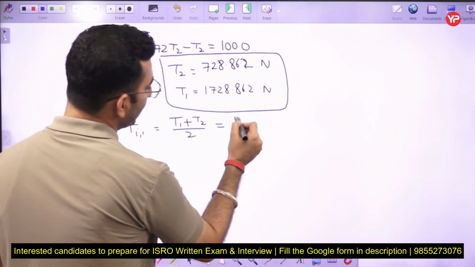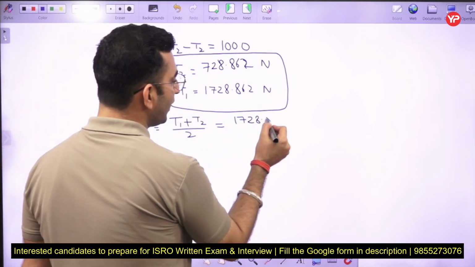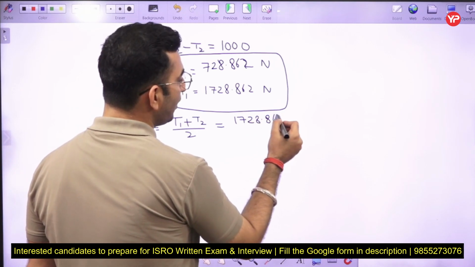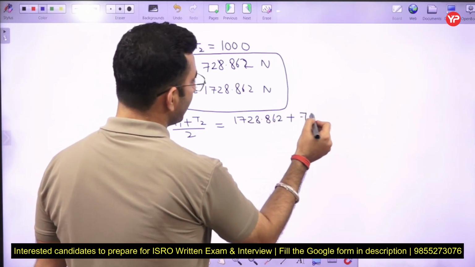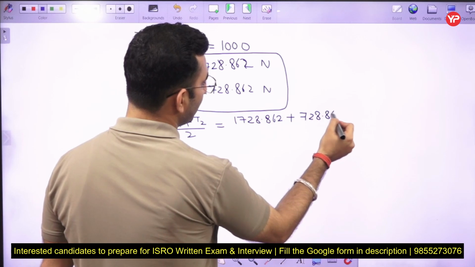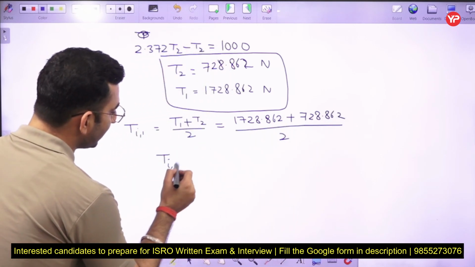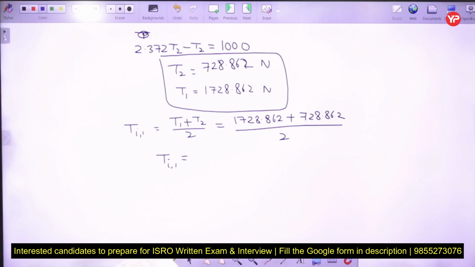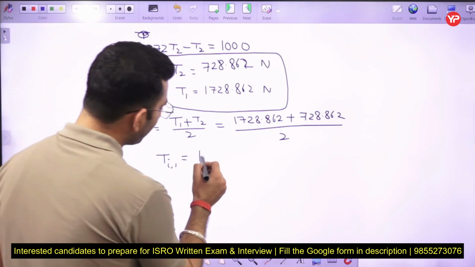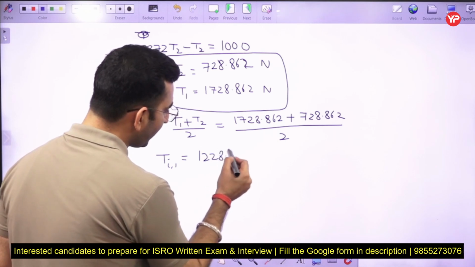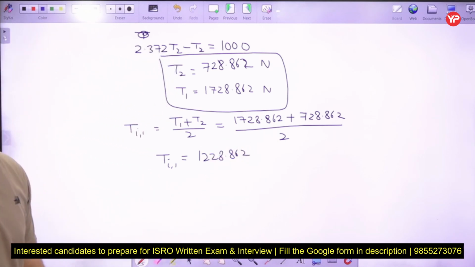So the answer is going to be equal to (1728.862 plus 728.862) divided by 2. So I can write the initial tension is coming out to be around 1228.862. This is the value of the initial tension.